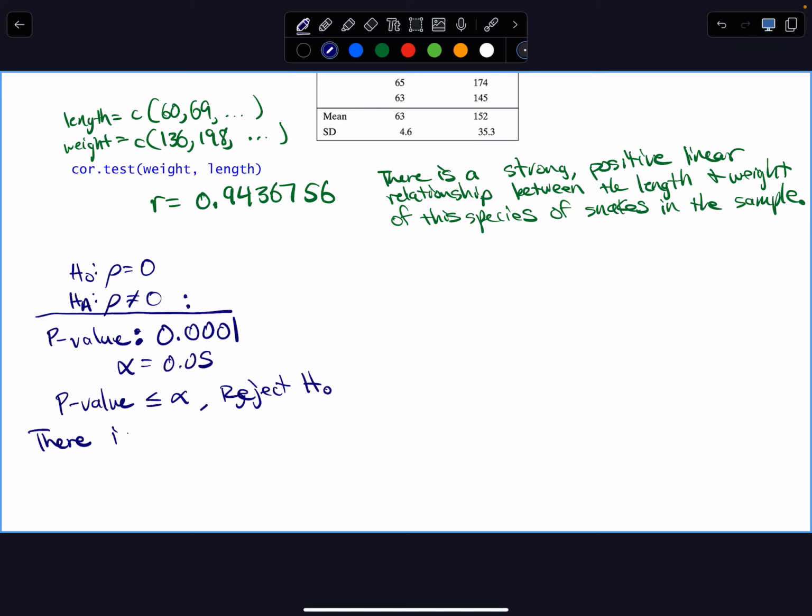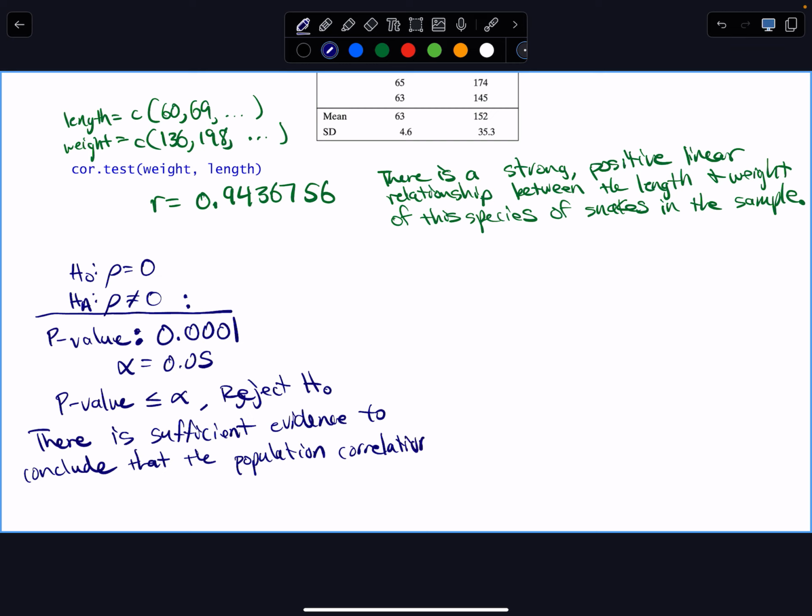So we're going to say there is sufficient evidence to conclude that the population correlation between length and weight is significantly different from 0.